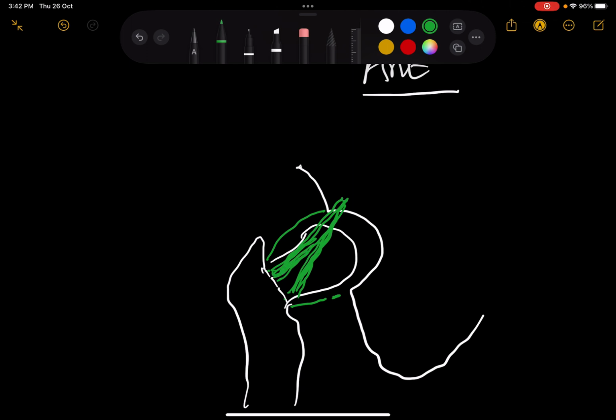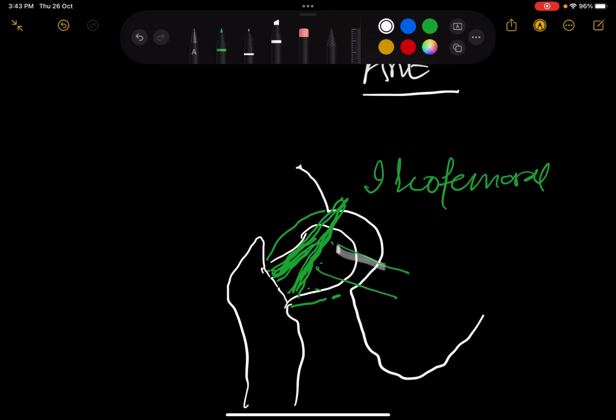This is the iliofemoral. Then there is a pubofemoral. Pubofemoral ligament.